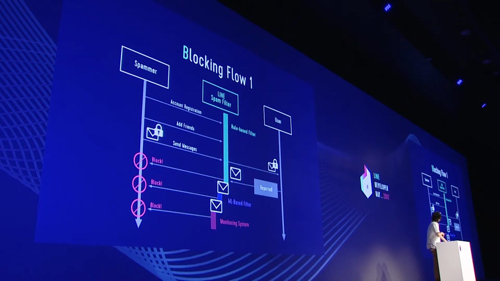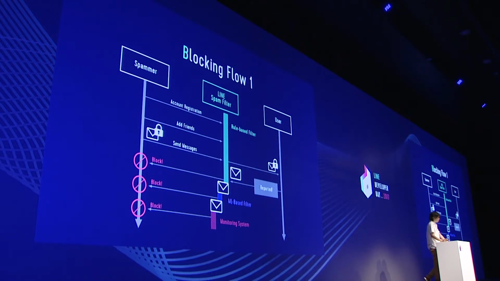Here, the filters are in the vertical direction. You can see this green line and red line. Each of these is a block. First, the spammer will register the account, add a friend, and then send a message. This is the overall flow of how the messages are being sent.